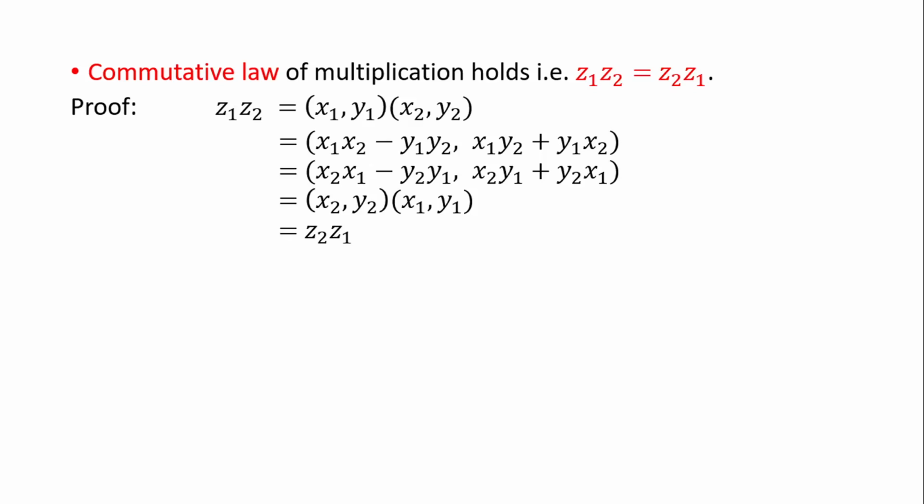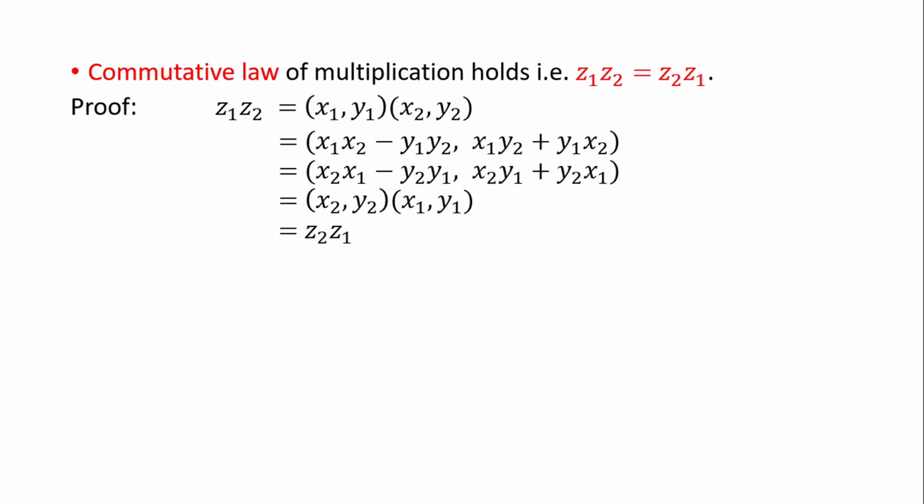So X1, X2 can be written as X2, X1. Y1, Y2 can be written as Y2, Y1. So in this way, we have the term as X2 X1 minus Y2 Y1, X2 Y1 plus Y2 X1.